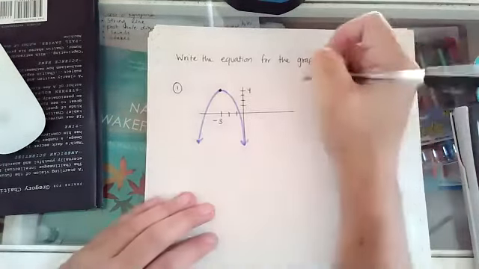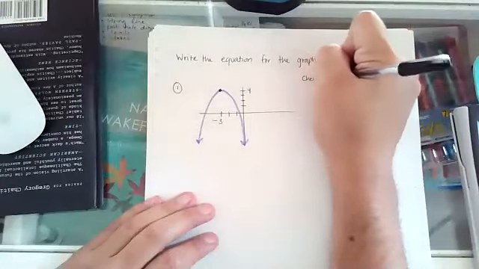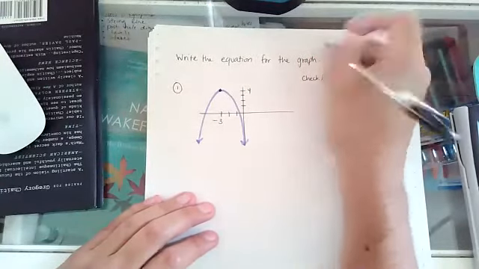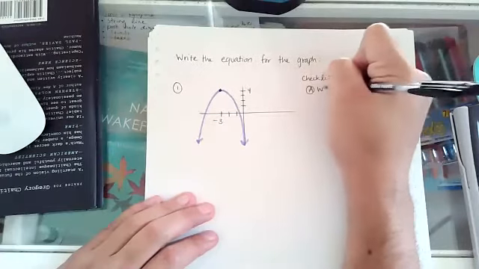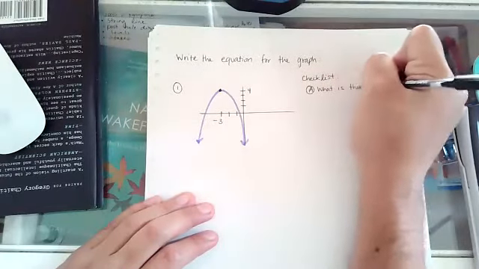Okay. So you might want to run through a checklist, right? First, what is the parent function?